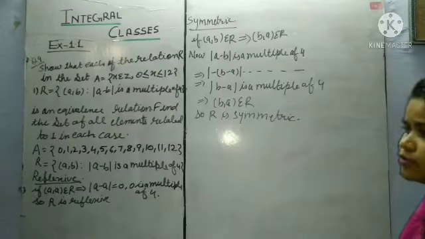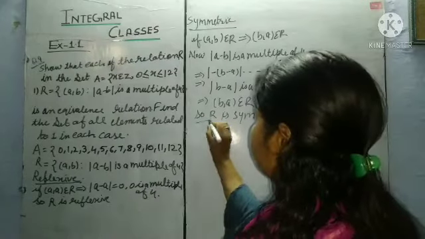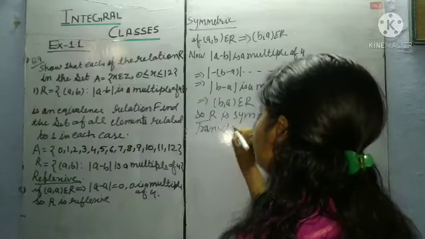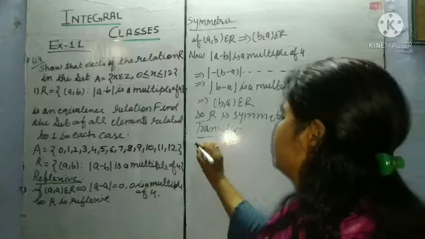Now third is for transitive. Now transitive, we will consider here 3 pairs. What is the condition of transitive?